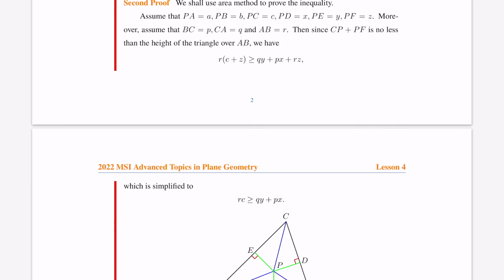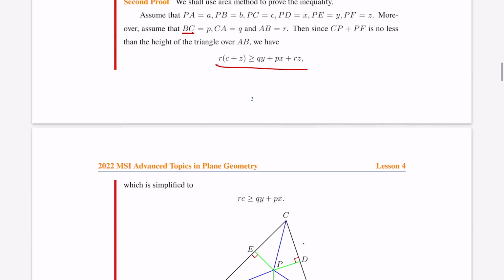So as you can see, I will name the length of BC to be p, because BC in my mind is the first side, and CA is equal to q and AB is equal to r. And by area consideration, we will have the following inequality. So this is r, and this is A, and this is x. Sorry, I'm confused myself.